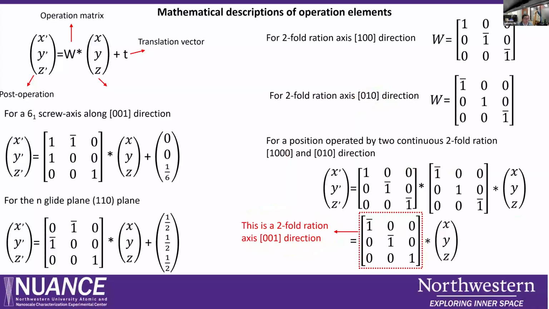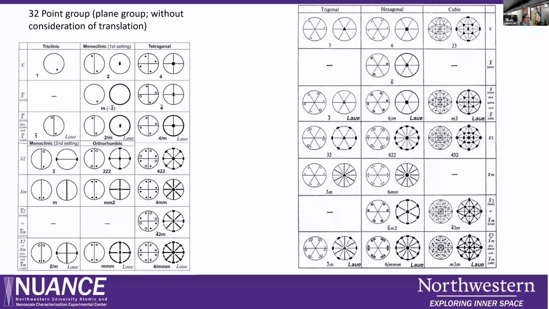Okay, now let's move on. In this slide, I will quickly show you the symmetry operation elements and their locations for the point groups. There are 32 point groups; for point groups we don't consider translation. All of them are shown here.